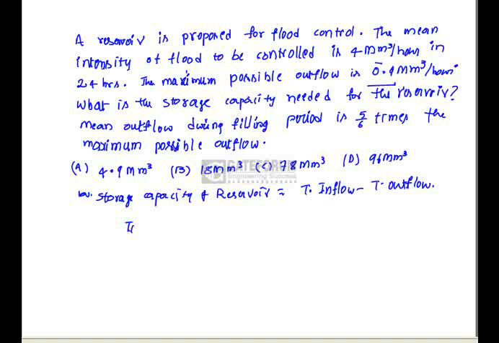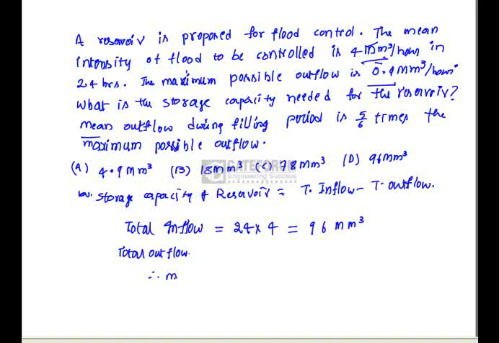Total inflow we know is equal to 24 hours into 4 megameter cube per hour, that is equal to 96 megameter cube. And total outflow: the statement was given as mean outflow during filling period is 5 by 6 times the maximum possible outflow.